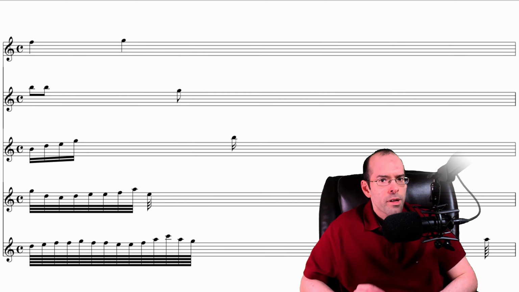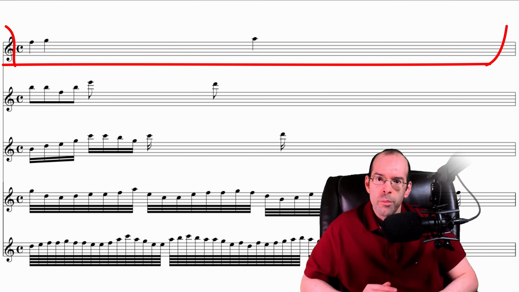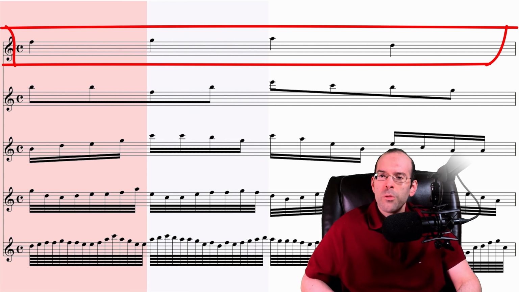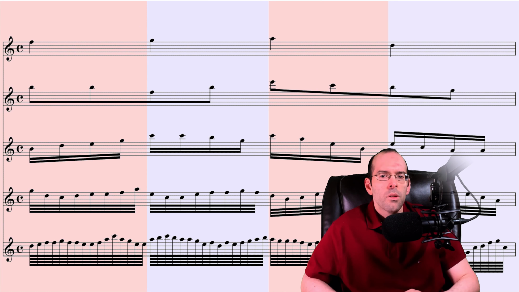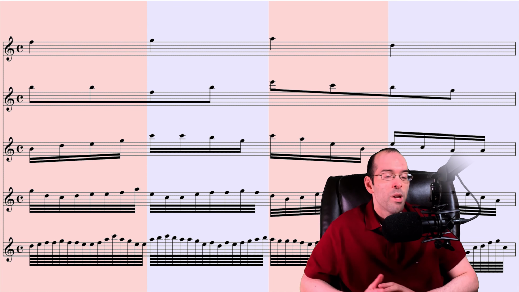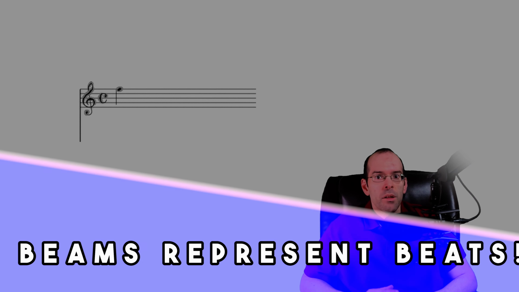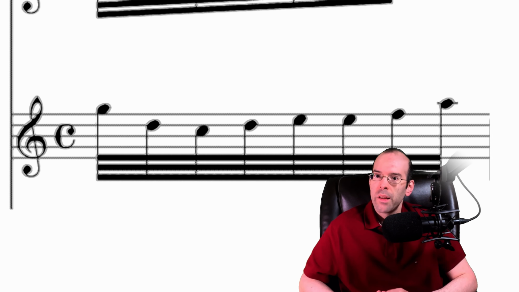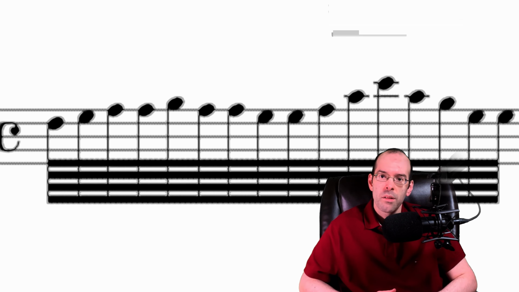So 4/4 time means that we have 4 quarter notes in a measure, and each quarter note gets 1 beat. So each measure has 4 beats in total. We can therefore section off this measure into 4 parts. As our note durations decrease, we start to beam them to fill up the beats in the measure. So what this simple demonstration is showing us is that beams represent beats.